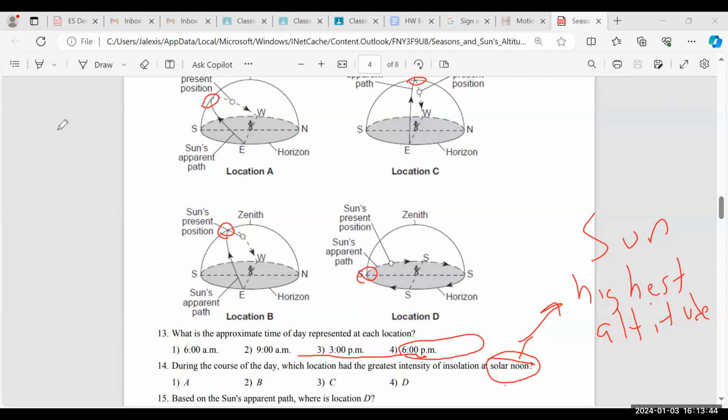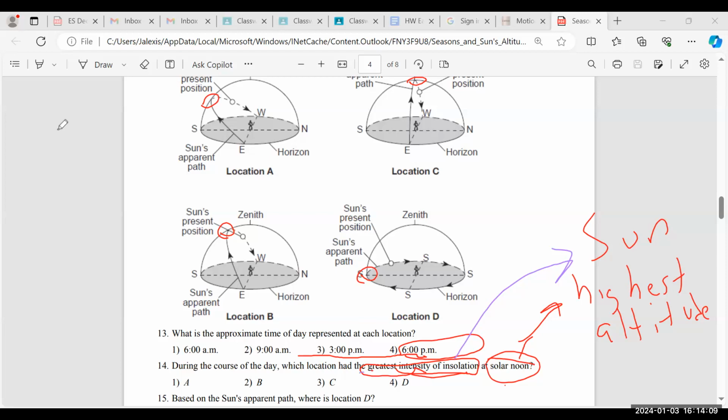Now, the one that has the highest angle at solar noon is the greatest intensity of insolation. If you want the greatest amount of insolation, it has to be at a point where it's the sun's highest altitude.